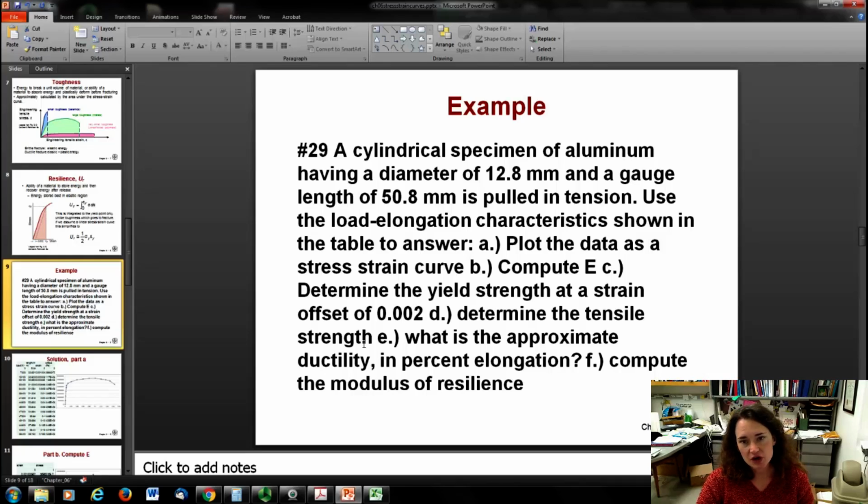So use the load elongation characteristics shown in the table. They give you a table of values to answer the following information. Plot the data as a stress strain curve, compute the elastic modulus, determine the yield strength at a strain offset of 0.002, determine the tensile strength, find the approximate ductility and percent elongation, and compute the modulus of resilience.